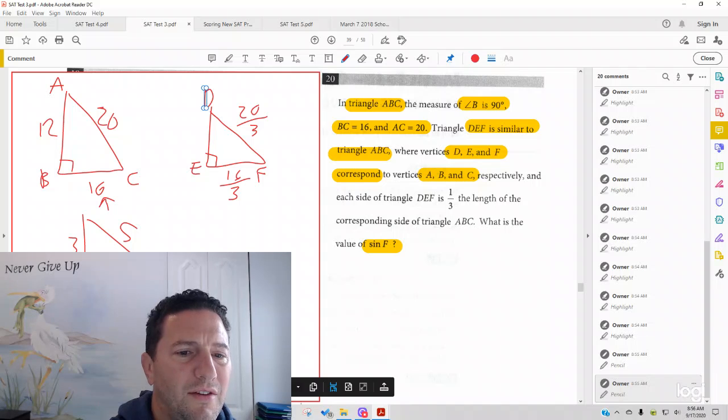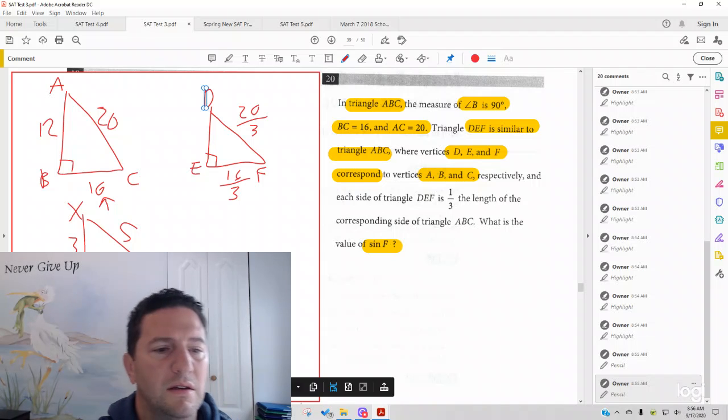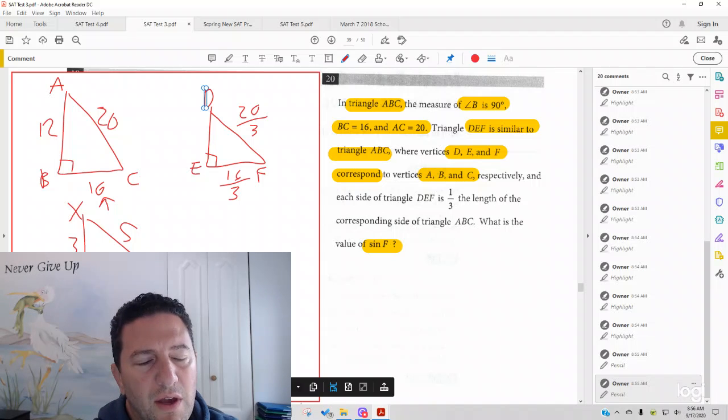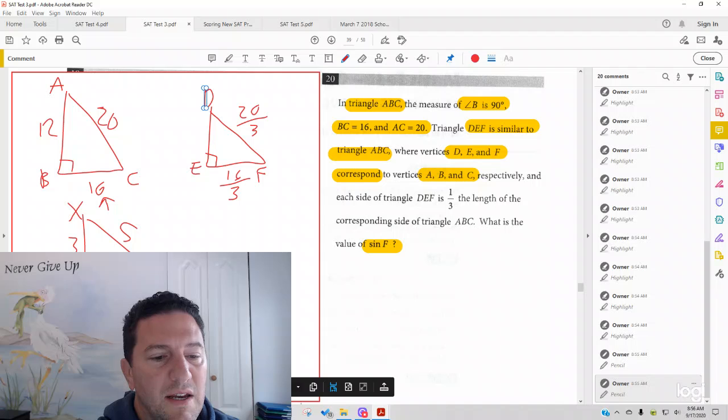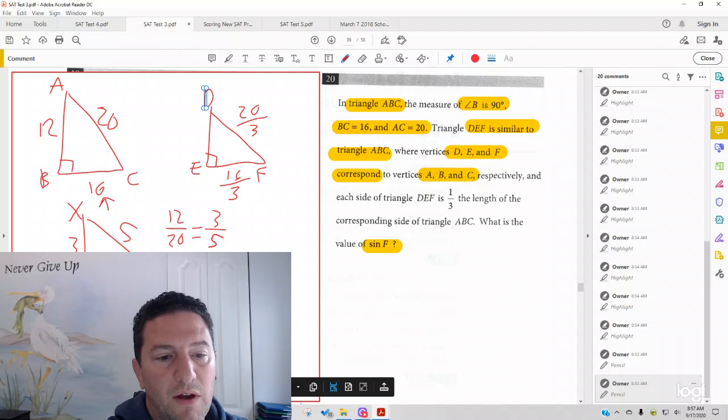Let's call these angles X, Y, Z. So the sine of F is going to be the same as the sine of Z, 3 over 5, which is the same as the sine of C, which is 12 over 20. And if you divide the top and bottom by 4, you get 3 over 5 as well.